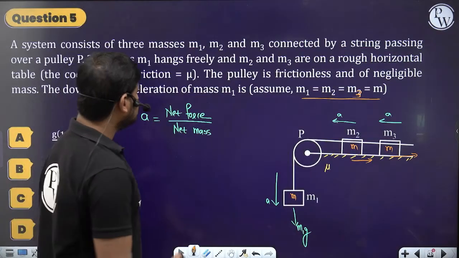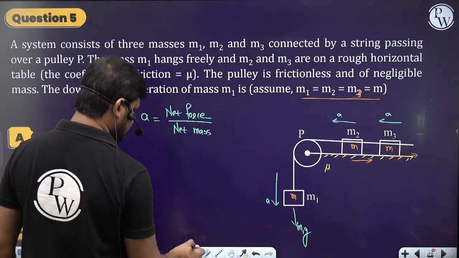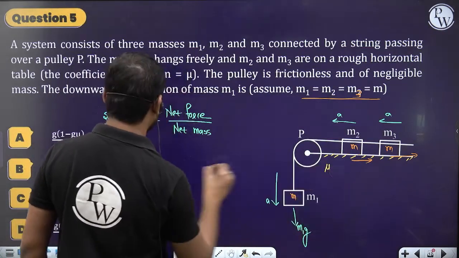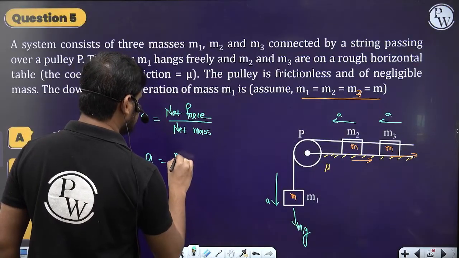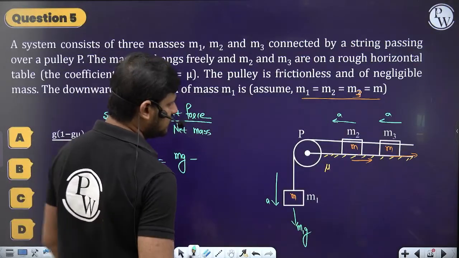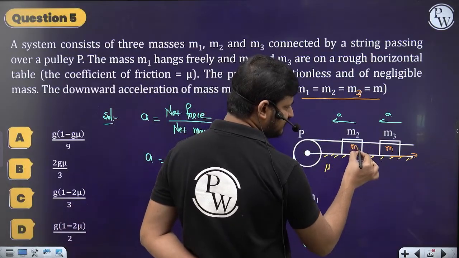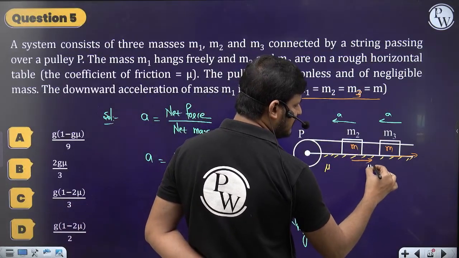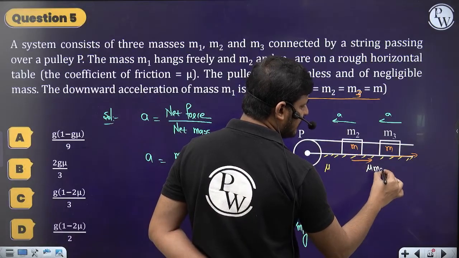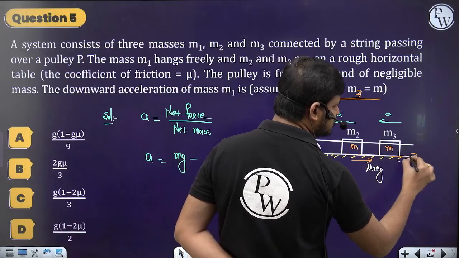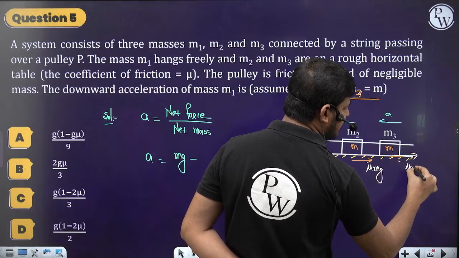So the acceleration is equal to mg minus the friction forces. What is the friction force that acts? Mu N means mu mg. And here also, the friction force that acts on this is again mu mg.